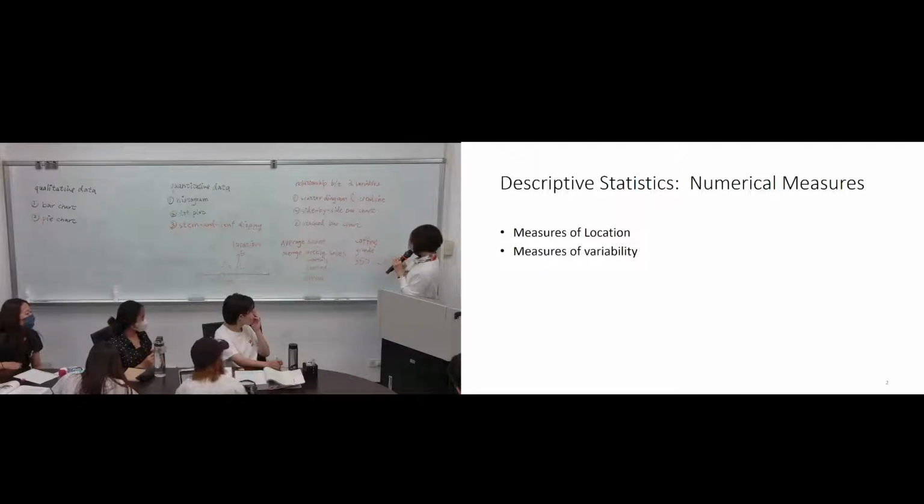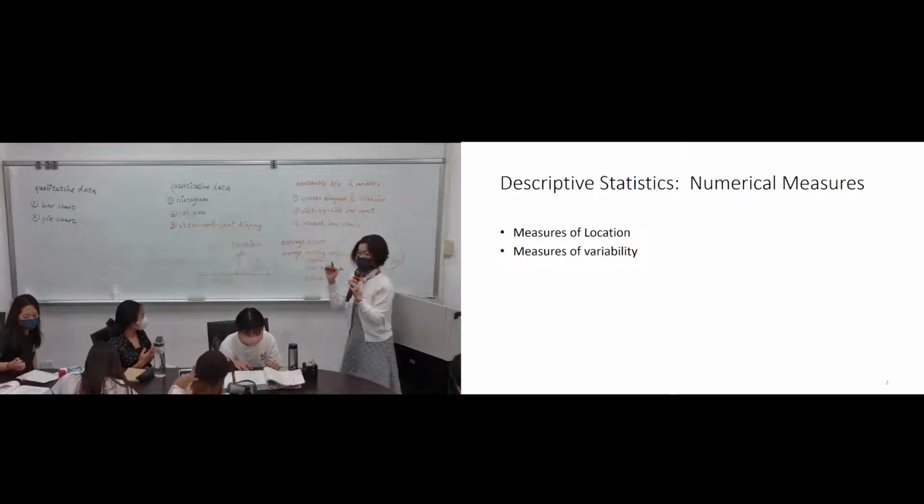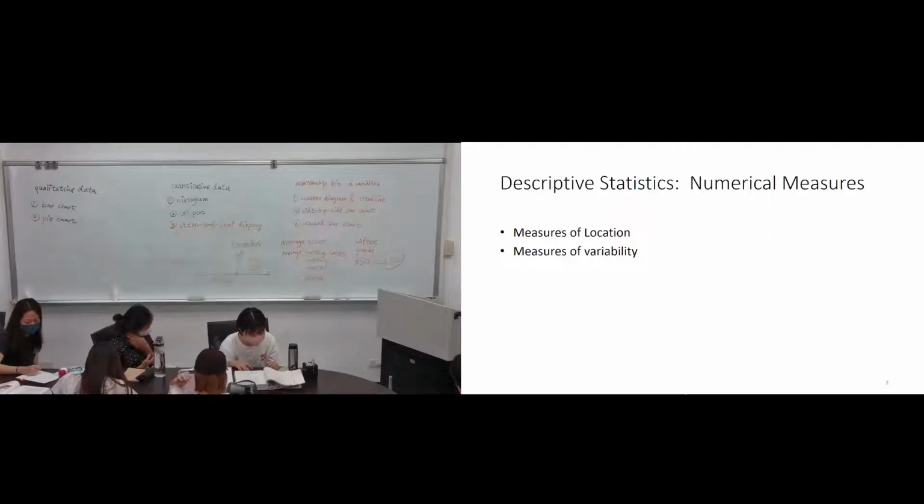So what does this value tell us? Plus and minus 5. Yes, it is the standard deviation, which tells us the variability. So we use descriptive statistics to present the location of the variable and the variability of this variable.